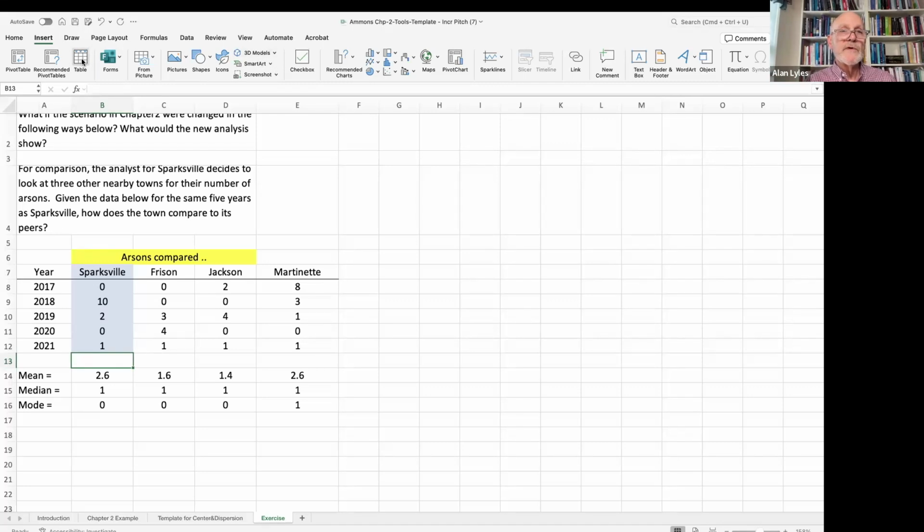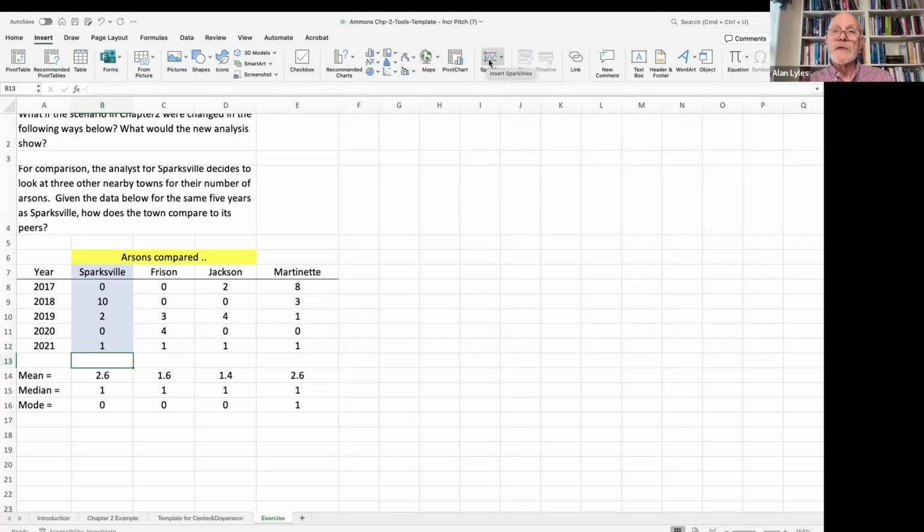Insert. Now I'm going to move my cursor slowly so you can see where I'm going. I'll go past Maps and PivotChart to Sparklines. Anyone who has used Sparklines, please let me know. I'm curious as to how.